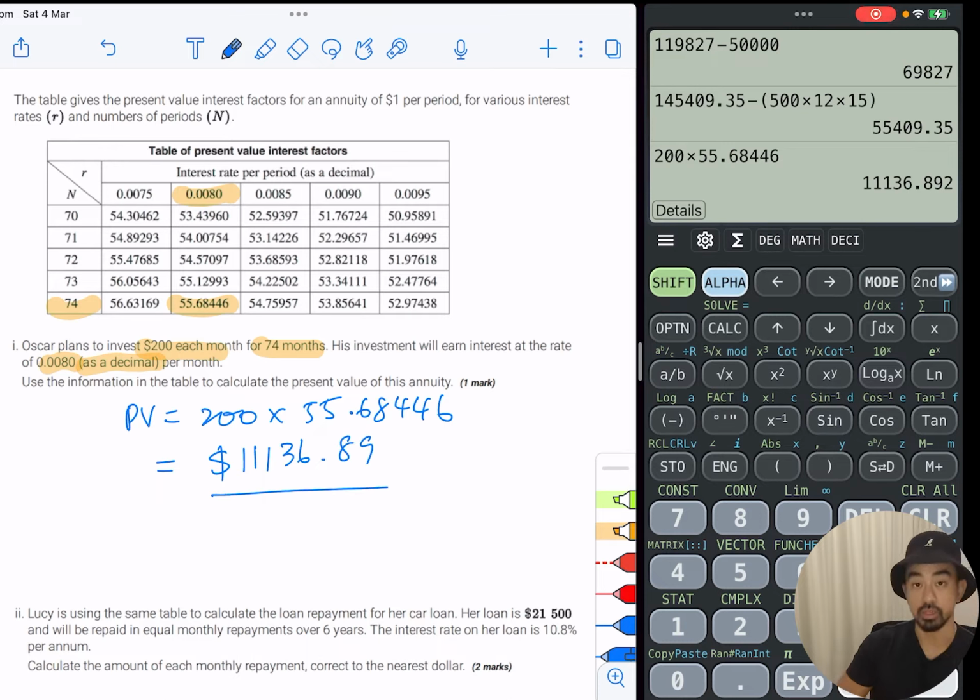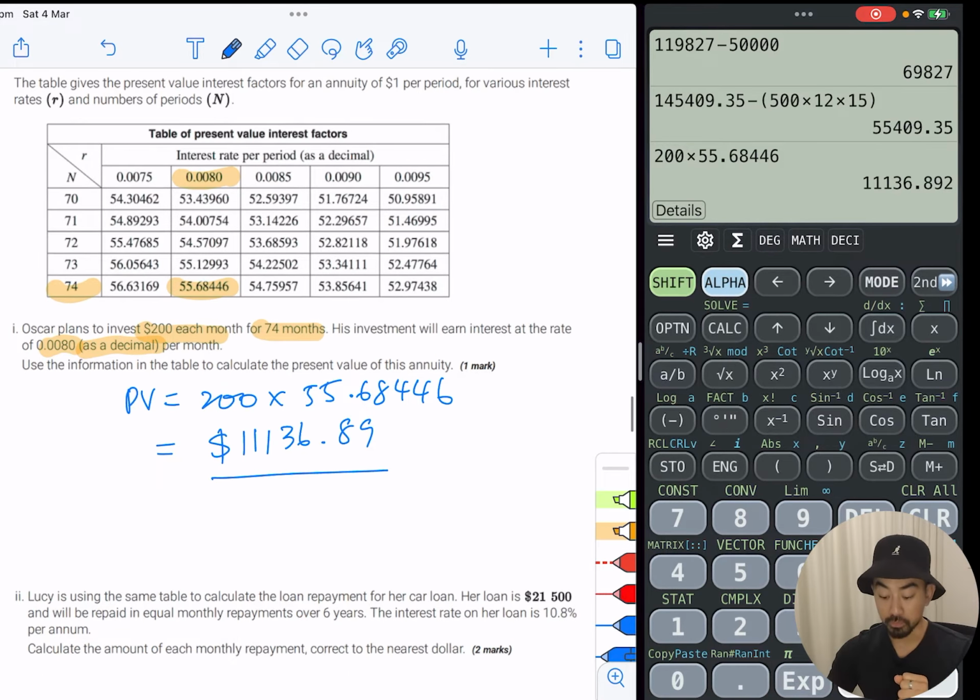Okay, so that is his present value. I just want to make a quick comment: present value table, future value table, completely separate, so don't get it twisted. If you want to know more about present value tables, or what the present value actually means, I've got a video on that, so check that out. But if you just want to know how to do the calculations, I think knowing this is enough.